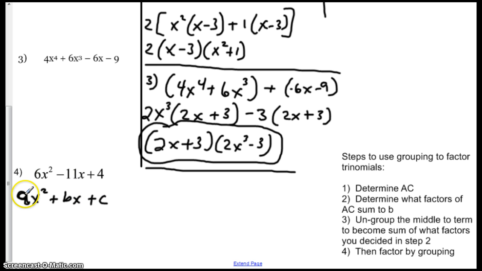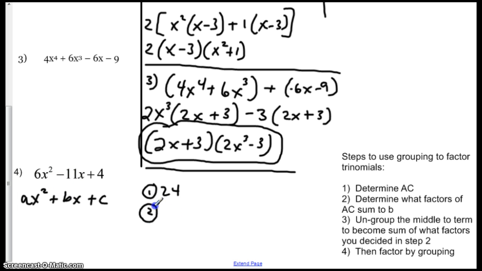So our a here gets multiplied by our c, so in this case 6 times 24. So if I determine AC, it's 24. Then I determine what factors of AC sum to b. Our b here is negative 11.